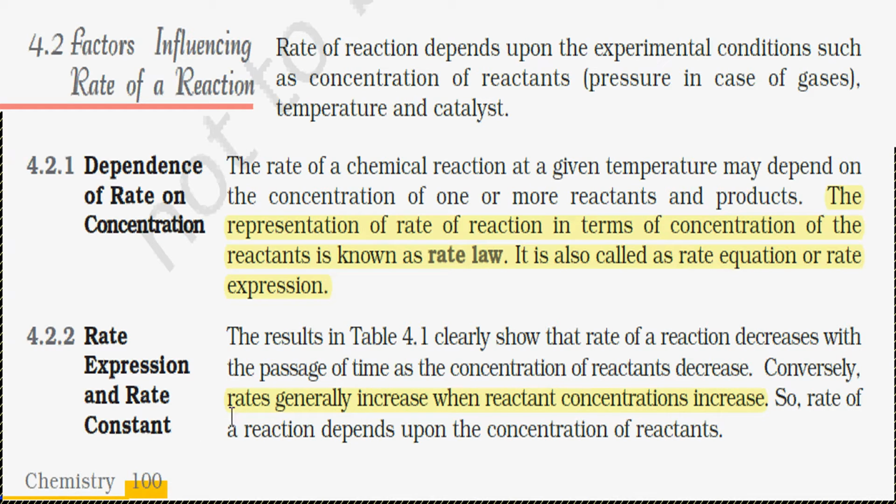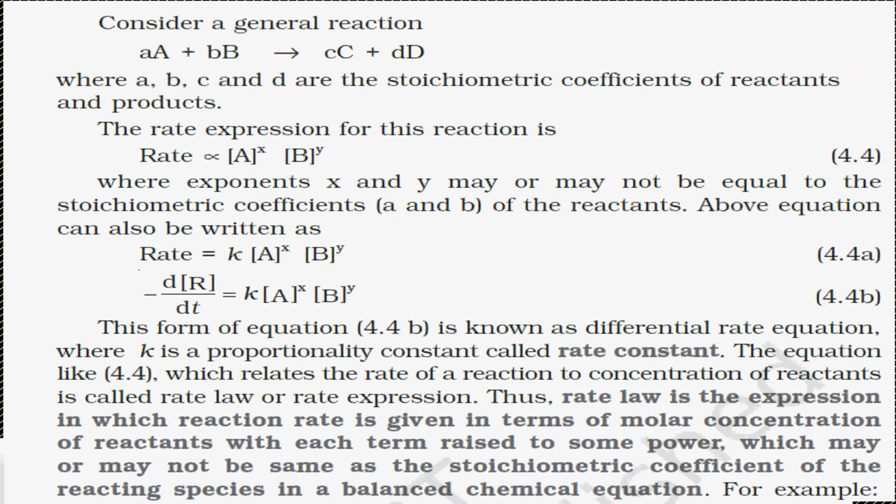We know that rate generally increases when reactant concentration increases. Now consider a general reaction: aA plus bB gives cC plus dD. Over here a, b, c and d are stoichiometric coefficients of the reactants and products.